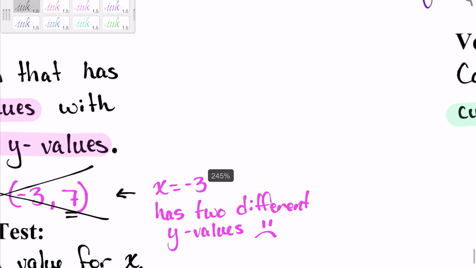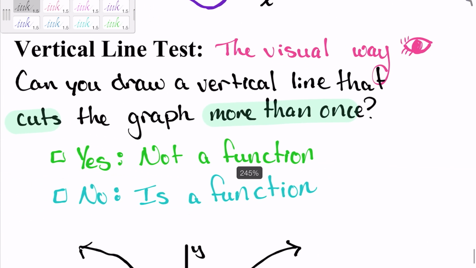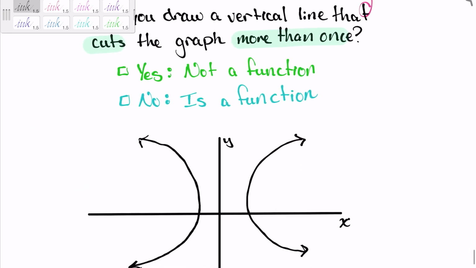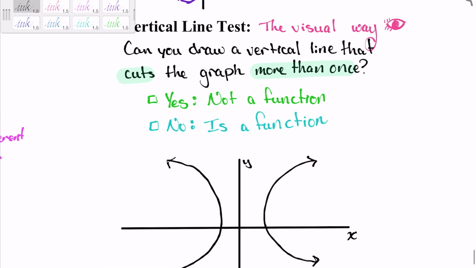A way to tell visually if an x value is being repeated with two different y values, we can draw it out. We're asking ourselves the question, can I draw a vertical line that cuts my graph more than once? So I'm going to use my vertical line here.